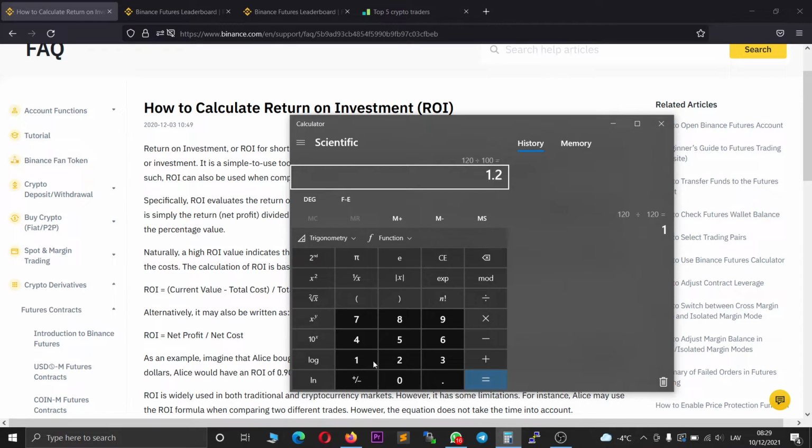I bought it for 100, I sell it for 120. The return on investment is 1.2. So if you want to calculate that in percent, minus 1 times 100 is 20% profit.